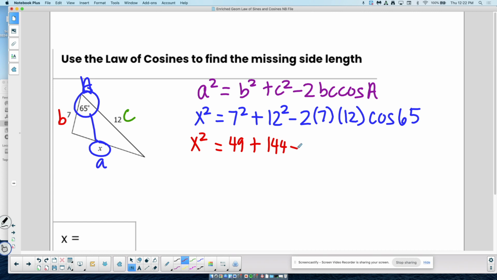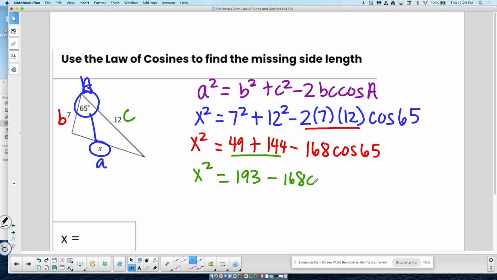Minus, now we're going to multiply these three together, so 2 times 7 times 12 is 168, times cosine 65. We're just going to keep simplifying until we can't. I'm going to add these together, 49 plus 144, 193. And then we're going to leave this as 168 cosine of 65, just to be accurate.